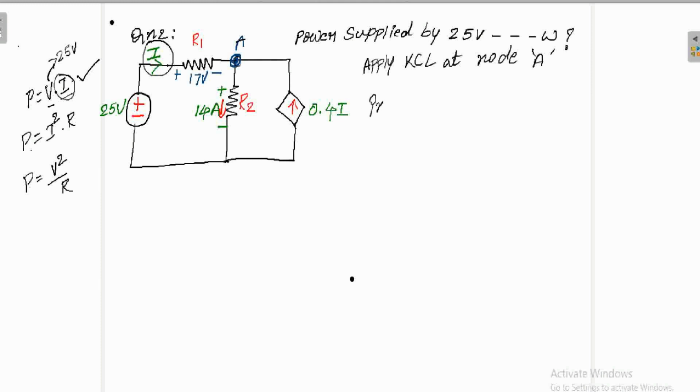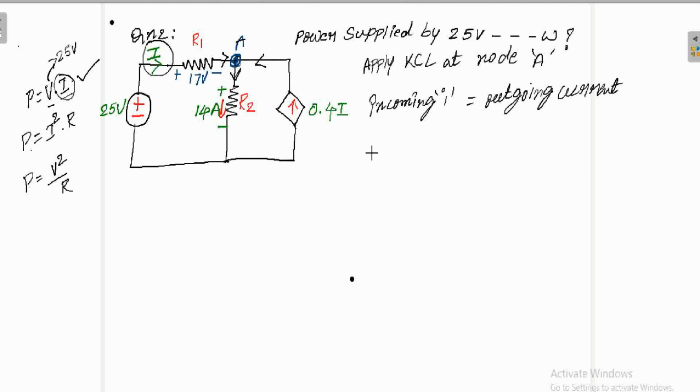Incoming current is equal to outgoing current. Already we have seen Kirchhoff's current law. Incoming current equal to outgoing current. So this is your incoming current and this is also incoming current. So this is your outgoing current.